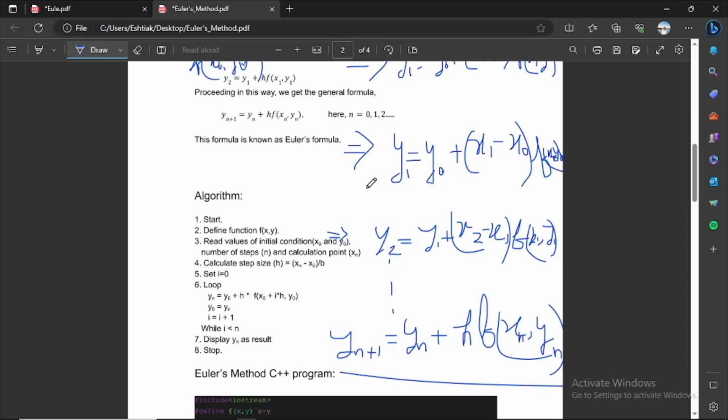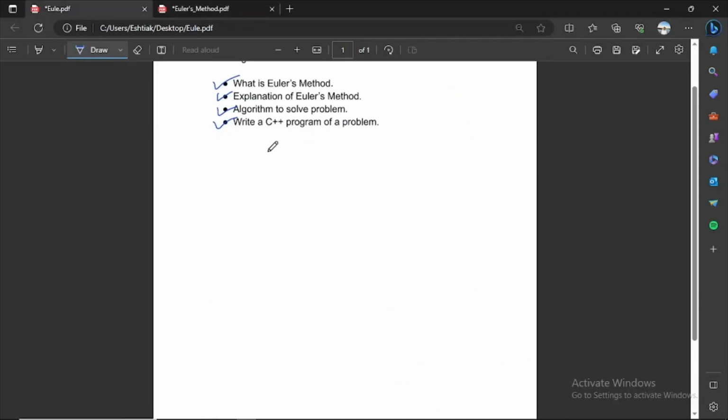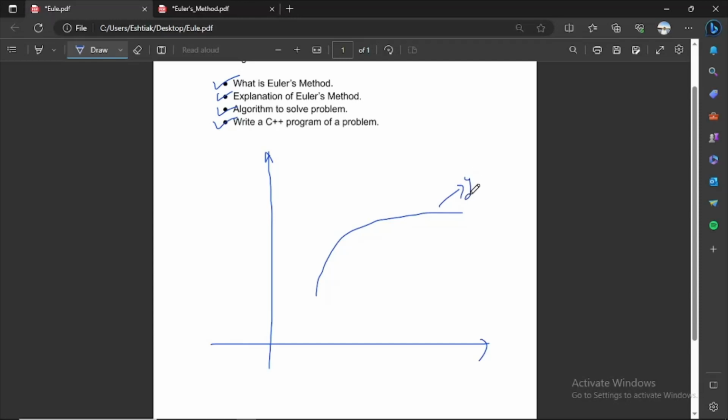Okay, for the geometric interpretation, if we consider this as our two-dimensional Cartesian coordinates, and this is our function y, and this is our initial condition, the function at the beginning. The value of the initial condition here is yn, and this yn comes from xn here.